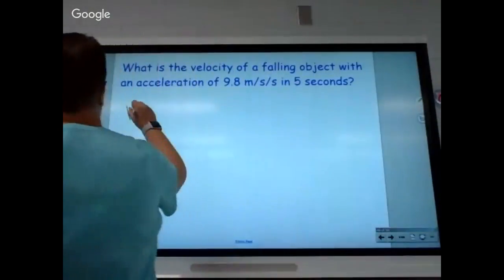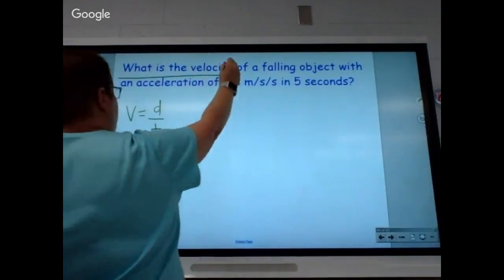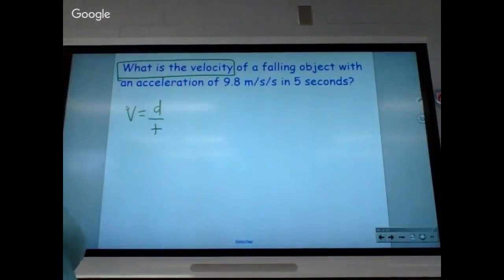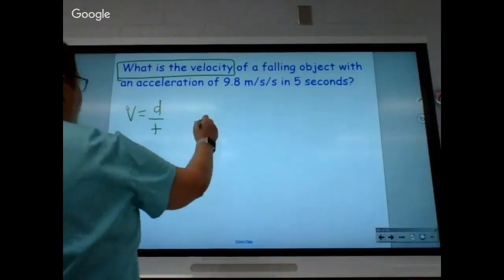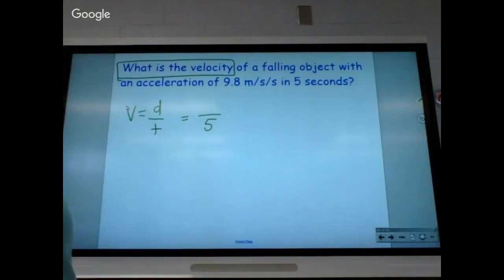Okay, so that's what most people think. And then they look at it and they're like, I got time, so I got 5, and I ain't got distance. So is that the right formula if you've got time but you don't have any distance?